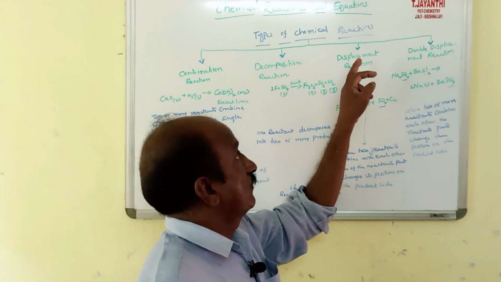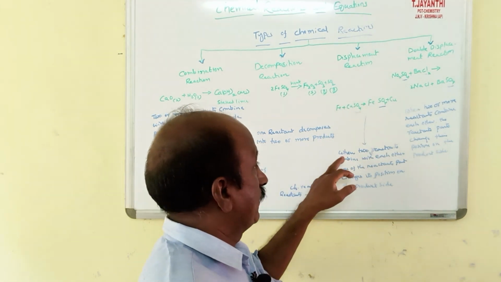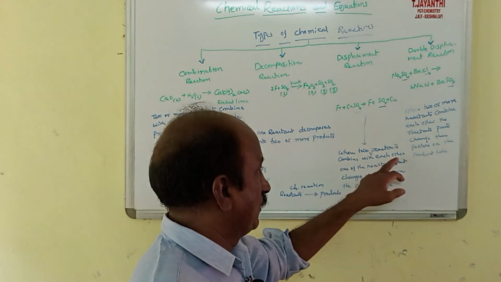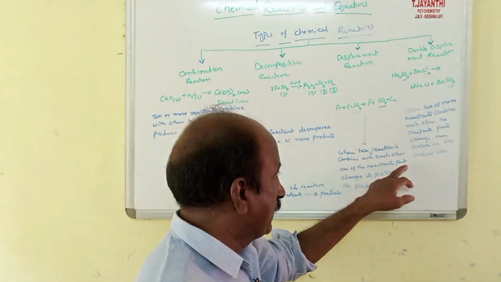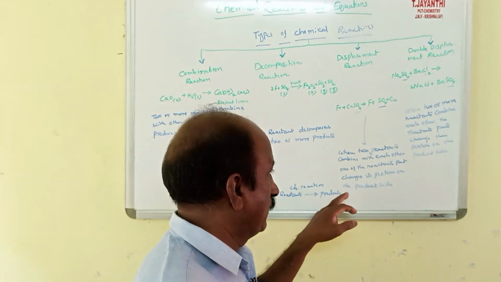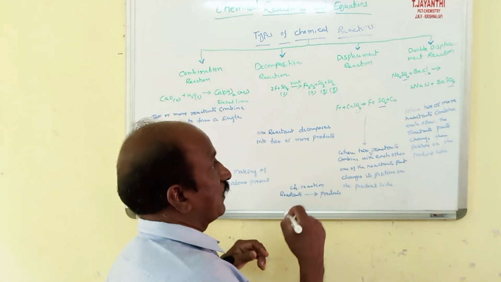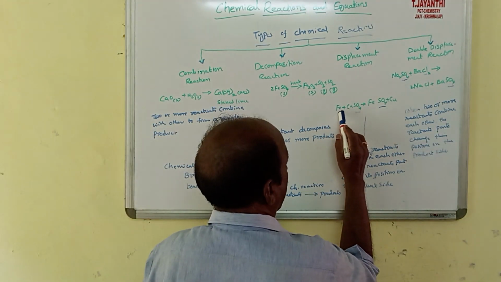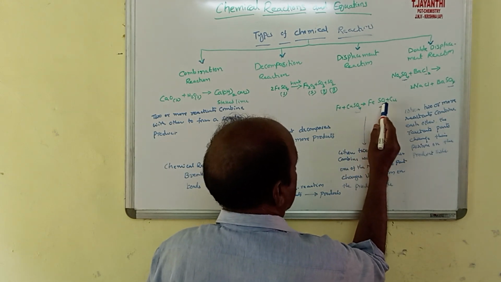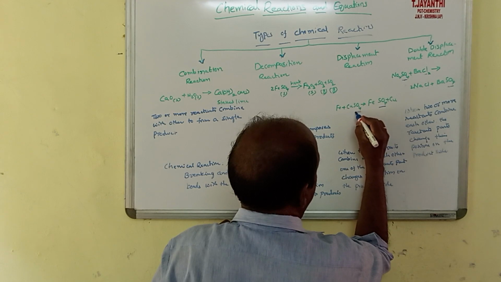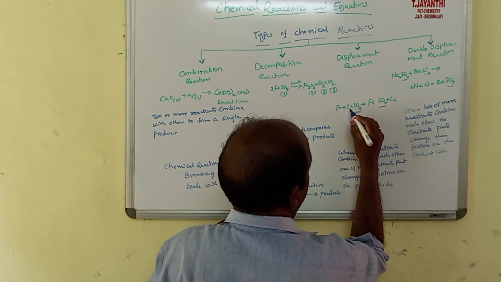If we consider the third case, displacement reaction, when two reactants combine with each other, one of the reactants' parts changes its position on the product side. Here, if you consider Fe plus CuSO4 gives us FeSO4 plus Cu. The SO4 part is on the reactant side with CuSO4, no?